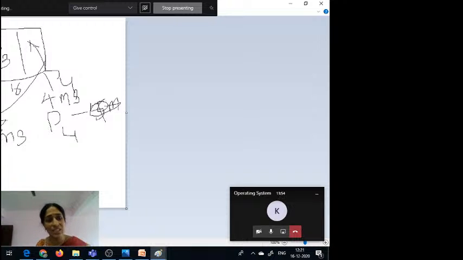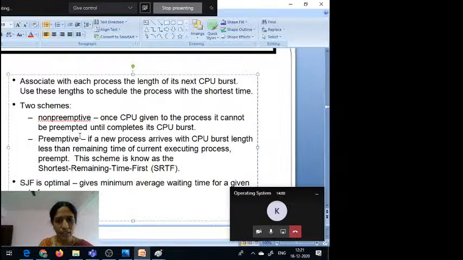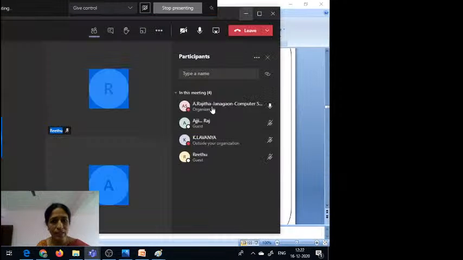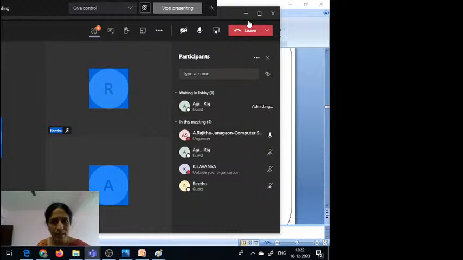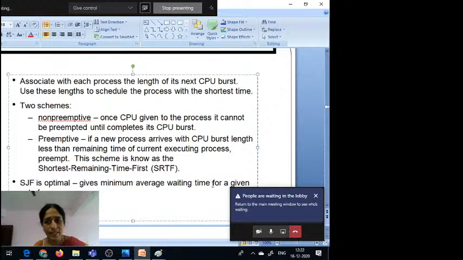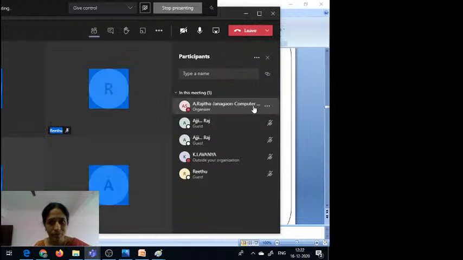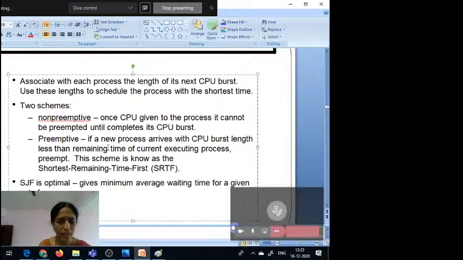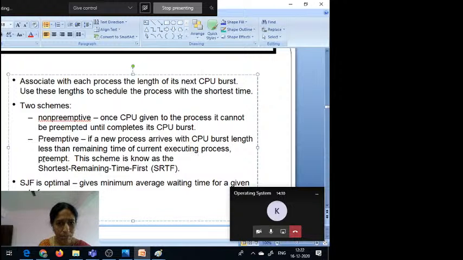Why? Because this is a preemptive version. See the definition here: if a new process arrives with a CPU burst length less than the remaining time of the currently executing process, then the currently executing process is preempted and the newly arrived process enters the CPU.